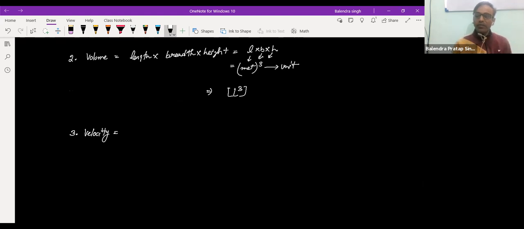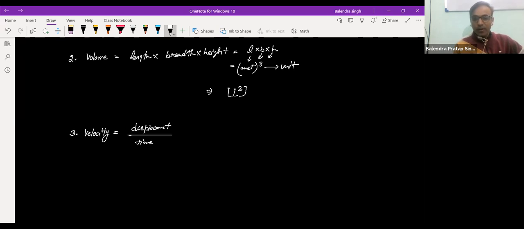So how do you define velocity? Siddharth, do you remember the formula for velocity? Velocity is displacement by change in time. Okay, velocity is displacement upon time.